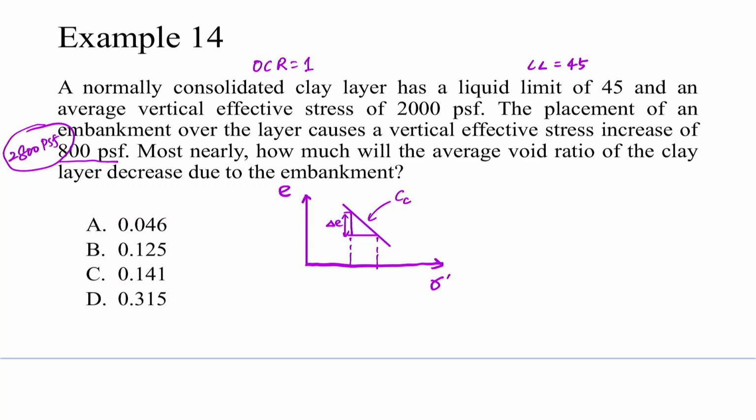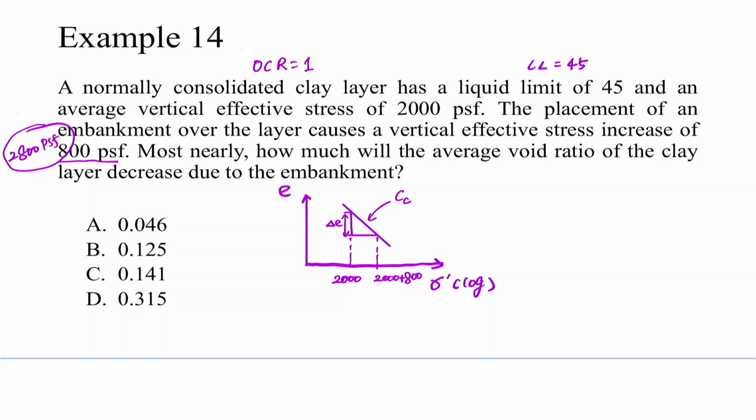For this case, the stress increased from 2,000 to 2,000 plus 800. Oh, by the way, this is in log scale. Only in the log scale can we have this e versus sigma prime as a straight line.